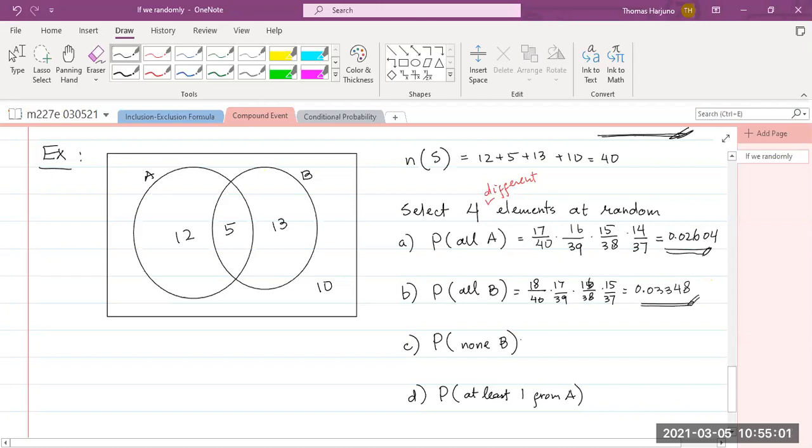Part C, what is the probability that none of them are from B? How many not B? There are 12 plus 10 not B, right? 12 plus 10, there are 22 not B. So that will be 22 over 40 times 21 over 39 times 20 over 38 times 19 over 37.